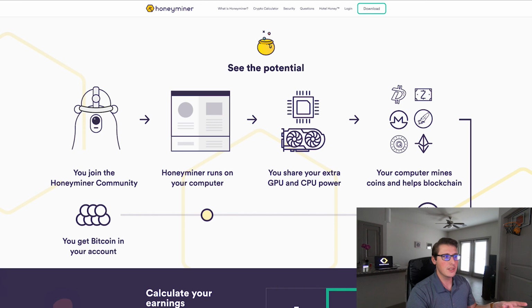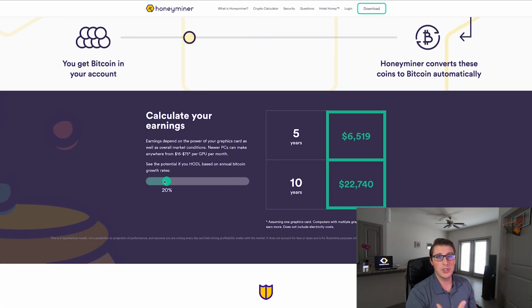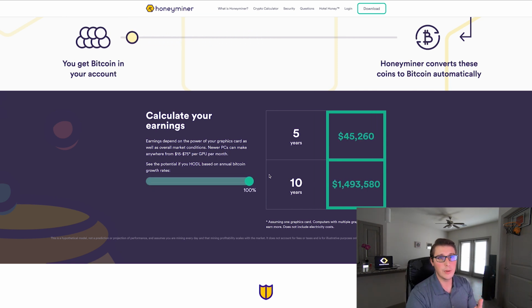So this is going to be just one of many that I utilize in order to build my portfolio of cryptocurrency much higher. And I think the rewards are already going to be great. We'll go over some of those of how much I've made and also how much you can expect to make as you use the software.